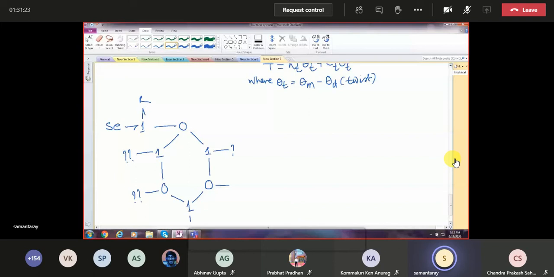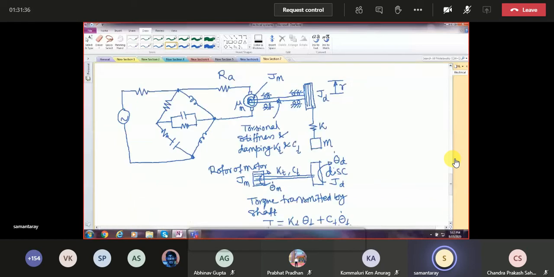This is point B, C, this is D. Now, what we have is that between B and D, this is point B, B, E, which is ground. So between B and D, we have this armature resistance and the motor. Armature resistance and the motor are there between points B and D.